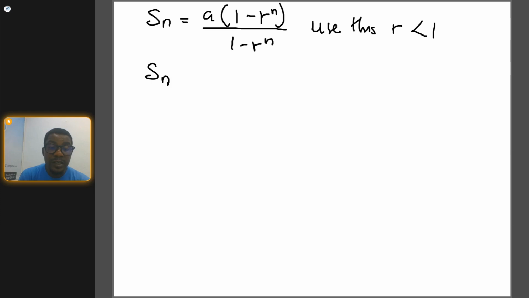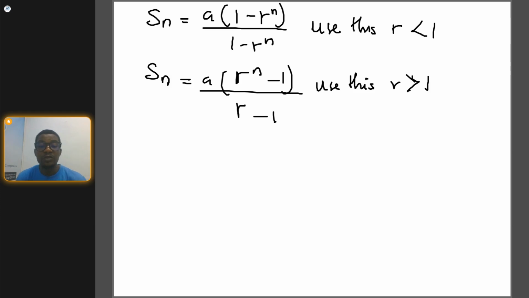And the second one is a into bracket r raised to power n minus 1, close the bracket, all over r minus 1. Use this when r is greater than 1. So these are the two criteria you have to check. When the common ratio is greater than 1, you use this formula. When it is less than 1, you use the other formula.